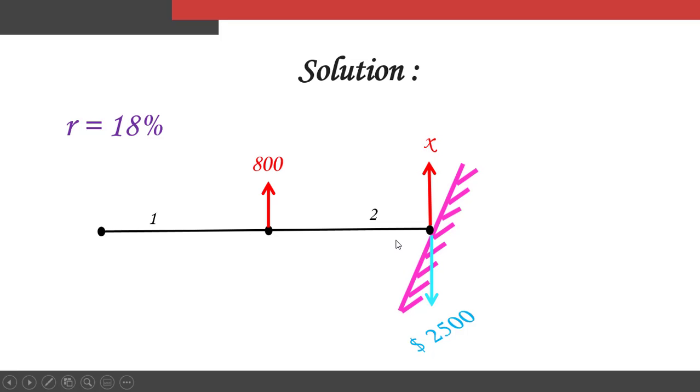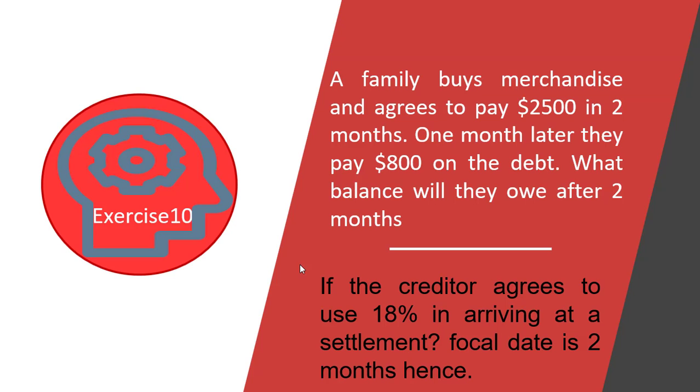We will replace one old obligation with 2 new obligations. Note that we will use $2,500 as it is. We will not get the amount for this payment because the problem says a family buys merchandise and agreed to pay $2,500 in 2 months without interest.